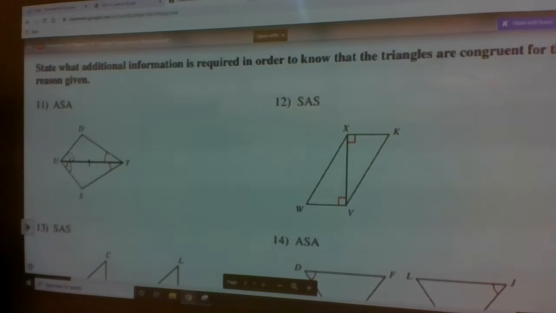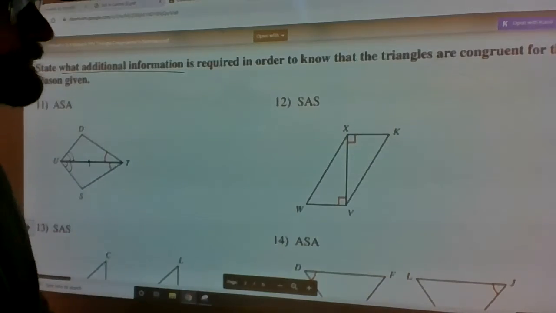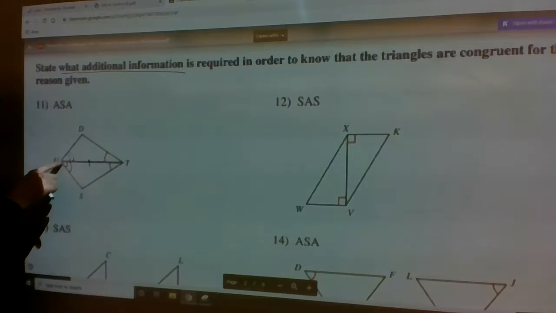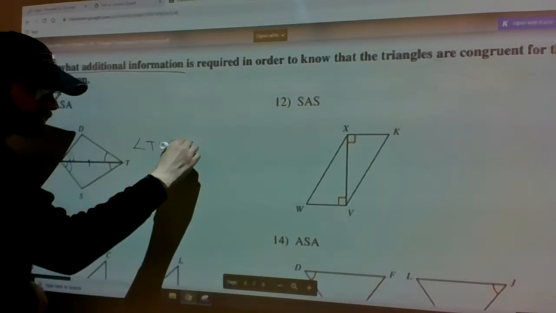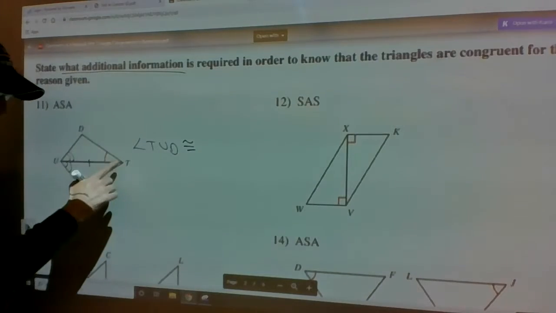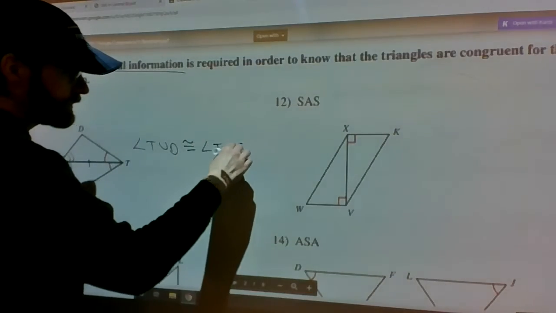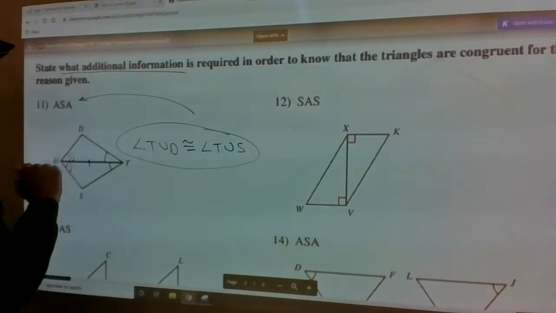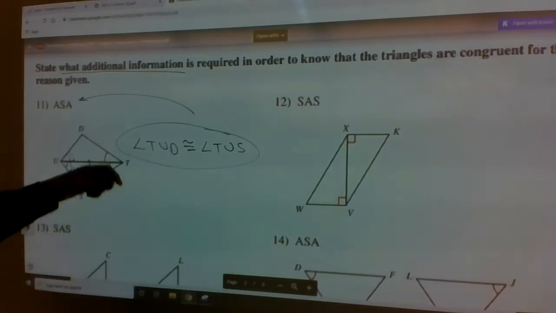So here's what you do. What additional information is required? You need to say that angle TUD is congruent to TUS. That's the extra information that you need to provide in order to make an ASA triangle congruence explanation.